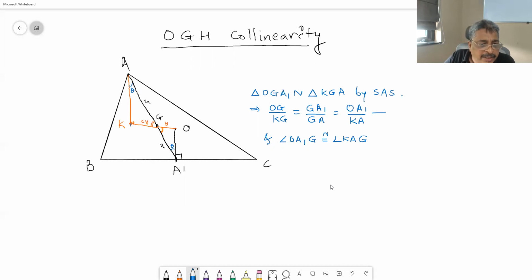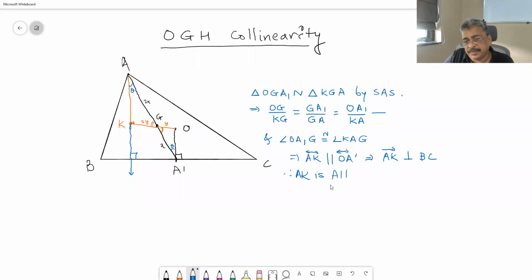And therefore, if you extend this line further, it is bound to be perpendicular to BC. Because this implies line AK is parallel to OA', which implies AK is perpendicular to BC. Hence, AK is the altitude.